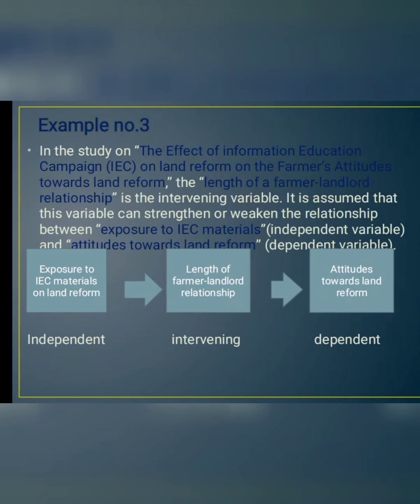The example number 3, in the study on the effect of information education campaign or IEC on the land reform on the farmer's attitude towards land reform, the link of the farmer-landlord relationship is the intervening variable. It is assumed that this variable can strengthen or weaken the relationship between exposure to IEC materials or the independent variable, and the attitudes towards land reform is the dependent variable.